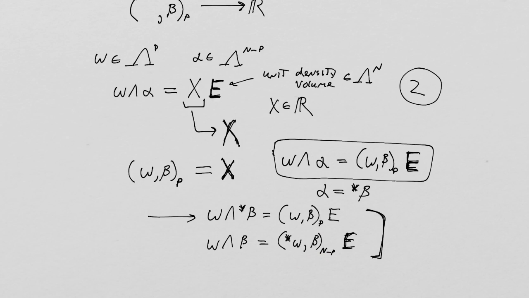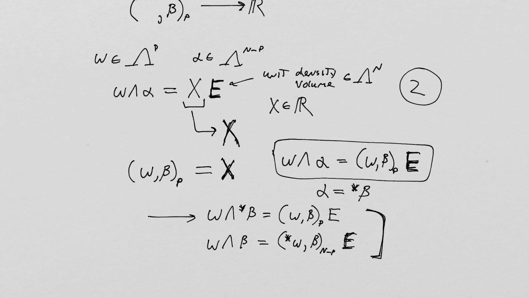Every pth exterior form has an induced inner product, including the n minus pth, so that's not a problem. So what are we looking at here? Well, we're saying that if I take omega and wedge it with the Hodge dual of beta, then if I take the inner product of omega with beta and slap it against the unit density, I'm going to get the same thing. And so clearly the Hodge dual of something exists in the complementary space, the n minus pth exterior power.